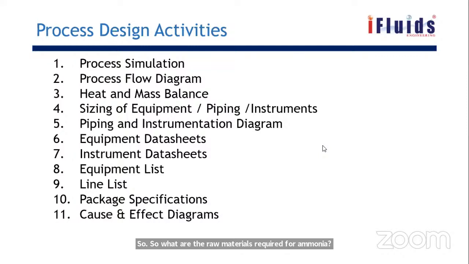Okay. Ammonia is NH3, right? Which is nitrogen plus hydrogen. So you can put in checks what are the raw materials required for ammonia. Hydrogen and nitrogen. Okay.